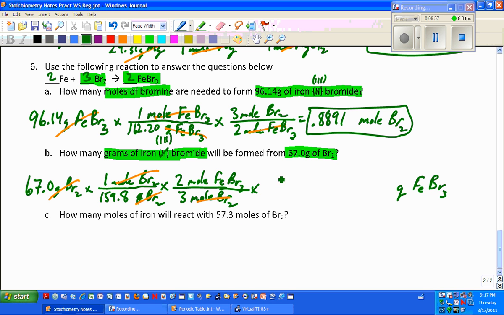Looking for grams of iron 3 bromide. So I need the molar mass. I already figured that up in part A. So let's see here, moles. 1 mole of iron 3 bromide on the bottom, and 162.20 grams of iron 3 bromide on the top. Moles cancel. And I'm ready to go ahead and grab a calculator.